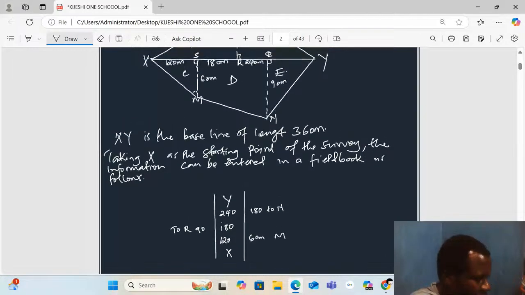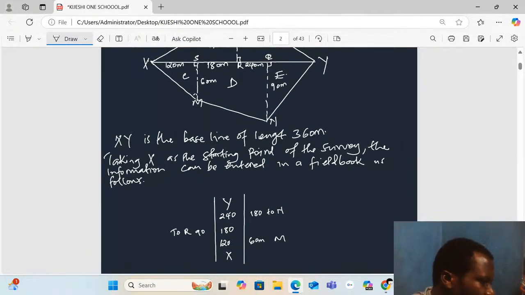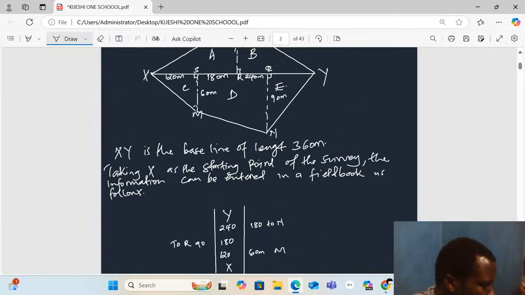Let me do this so that you can see. Now, you can see our X here. We move 120 meters, then we move downwards to M, that is, we are moving to our right. That is how we've written here.